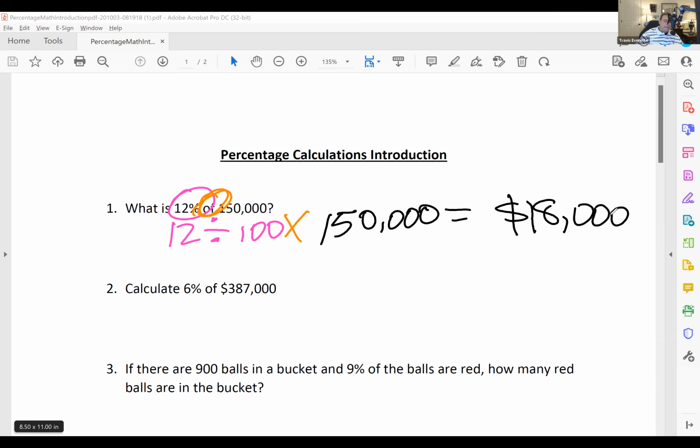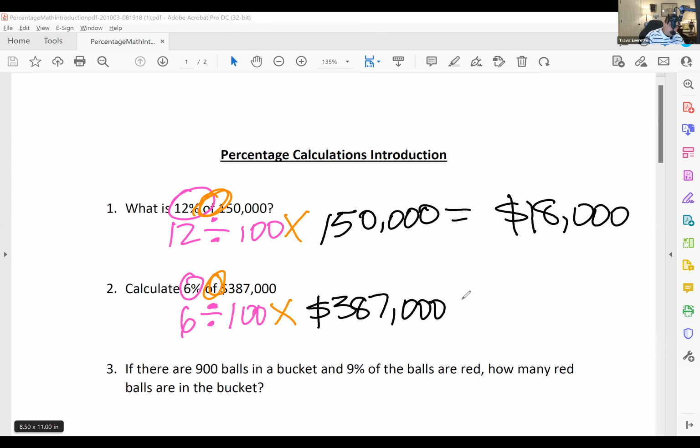Look at number 2. Calculate 6% of $387,000. Well, I'm going to do the same thing. 6% is the same thing as 6 divided by 100. So I've dealt with that. Of. I know that word means multiplication in this class. So I've dealt with that. 387,000 I don't need to do anything with except write it down.